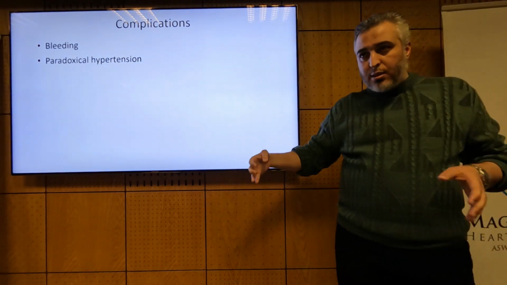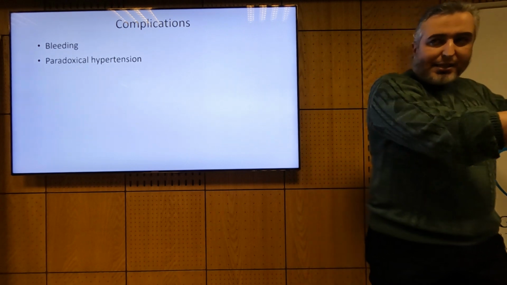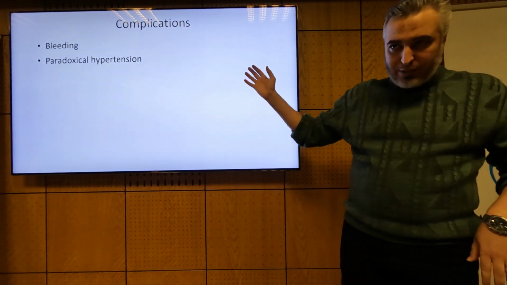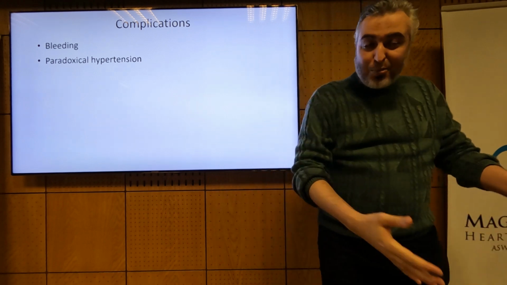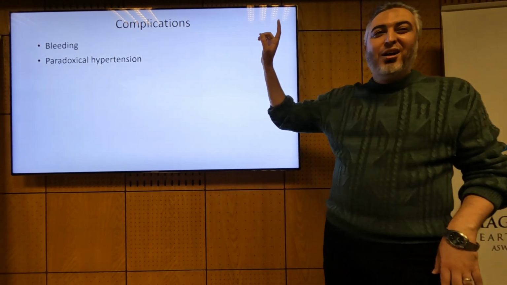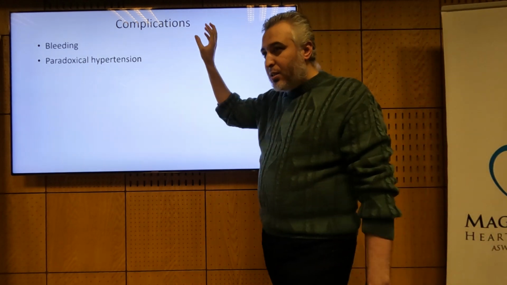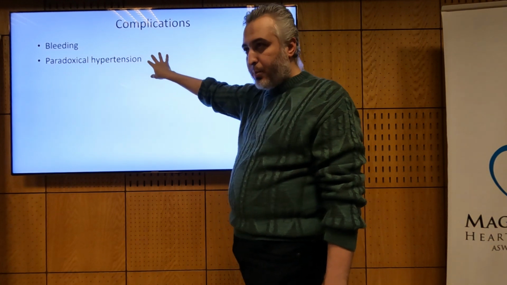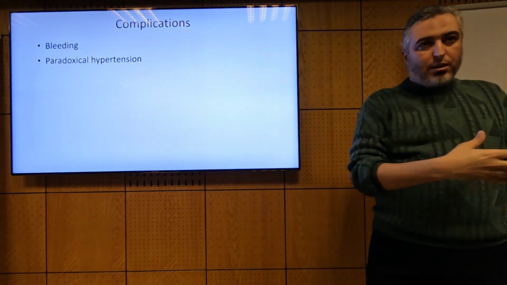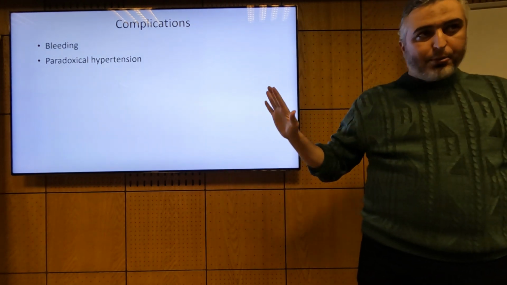It takes a few days in most patients for the baroreceptor to be reset to the new levels of pressure, and to appreciate that the kidneys are actually perfused, and now we're doing fine. But during this period, it is very important to treat the paradoxical hypertension, usually with vasodilators, most of the time with sodium nitroprusside, to be able to control pressure.